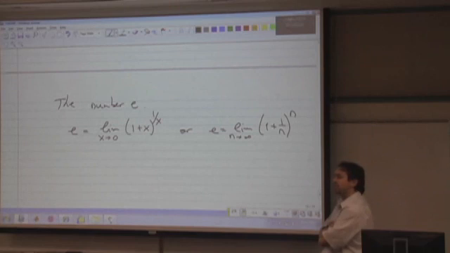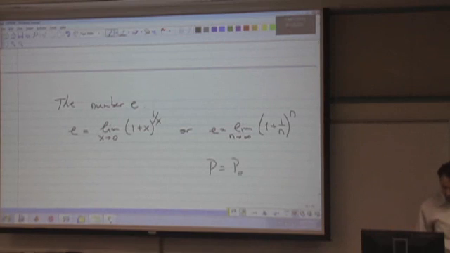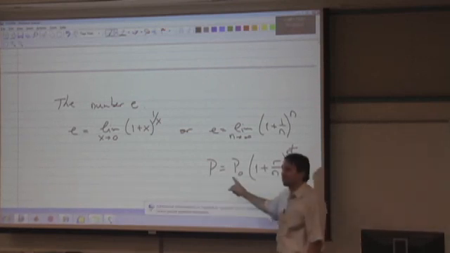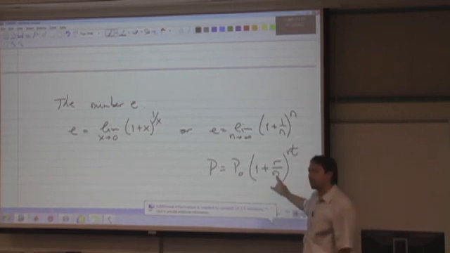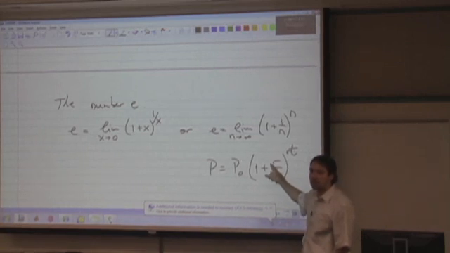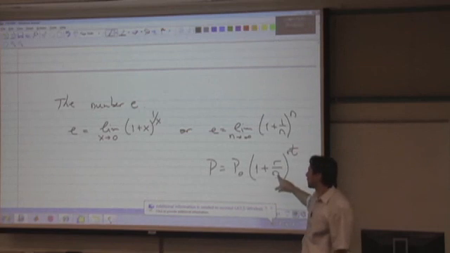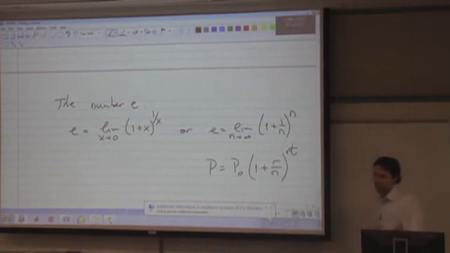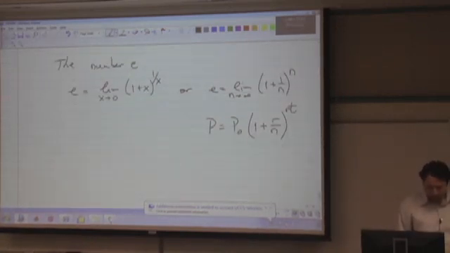Well, this part was P equals P0 times 1 plus r over n, all to the power n times t, I think it was, or something like that, right? This was the interest compounded n times a year with the rate of r. And the idea is that if n goes to infinity, which means you compound it continuously, that becomes that. But anyway, besides the point, this is actually how we define the number e.